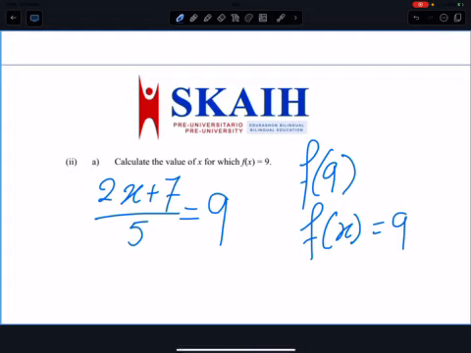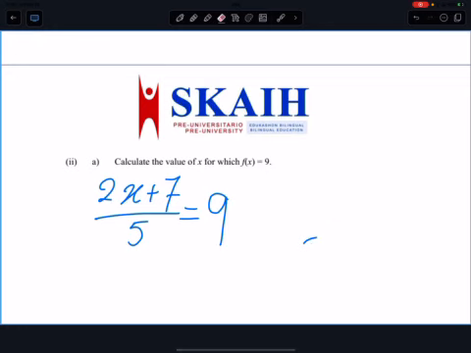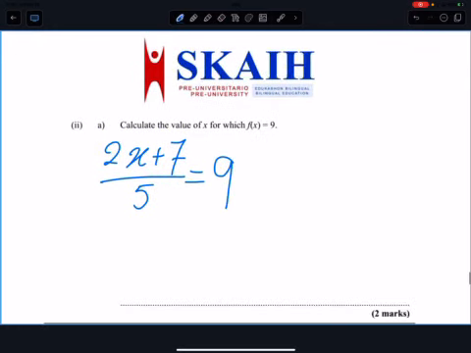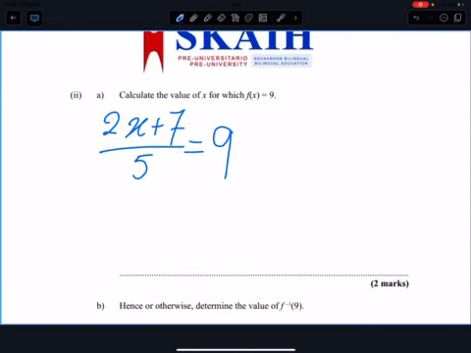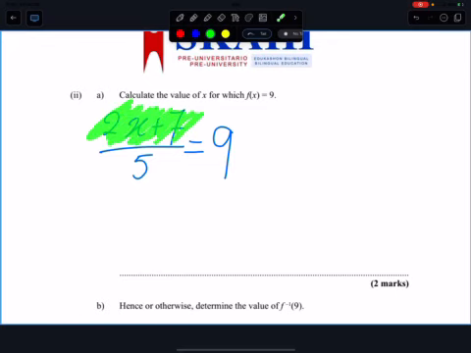Yes? Correct. Your answer is 9, and you have to find x. Chapter 15 as well. Was it 14? I think it's 14. So how do you make it? This is one number. Something divided by 5 is 9. That is 45.